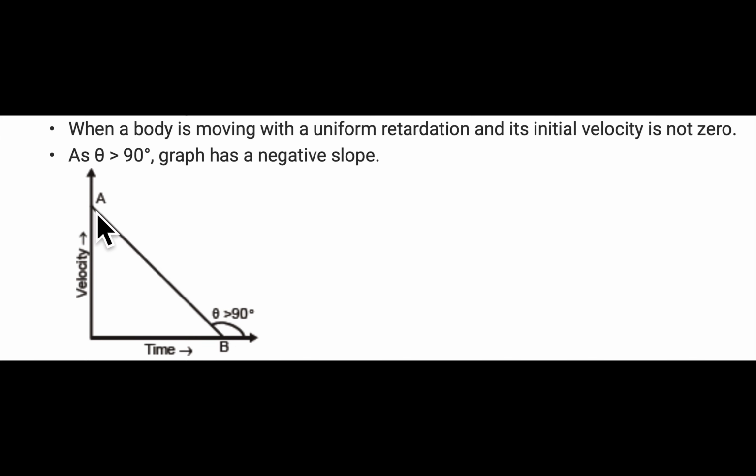So this negative slope shows negative acceleration, or we call it uniform retardation, because the velocity is decreasing uniformly. If velocity is decreasing, then the line shows retardation. If the velocity is increasing, the slope indicates acceleration.